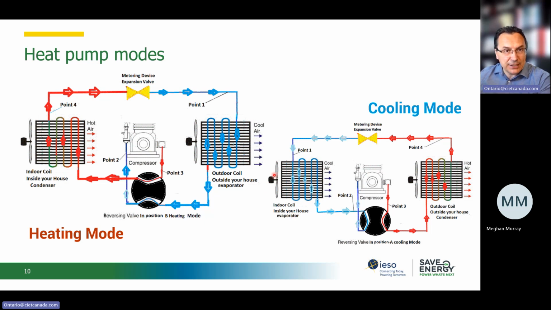So in most air cooling applications, the evaporator would be indoor. This is where we cool our air, the space air. And then the condensing unit will be outside, where we reject this heat to the outside air.